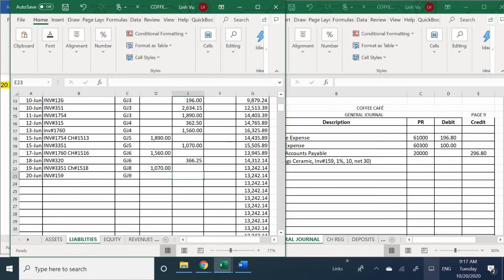And how much am I going to credit my account for? 296.80. Bring in my balance to be now $3,538.94. Okay.